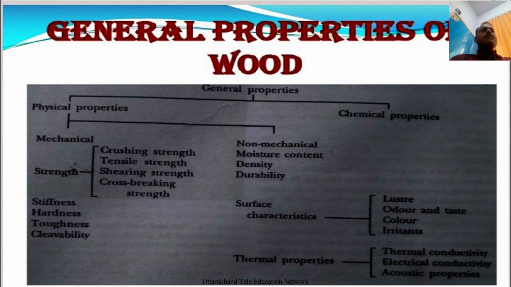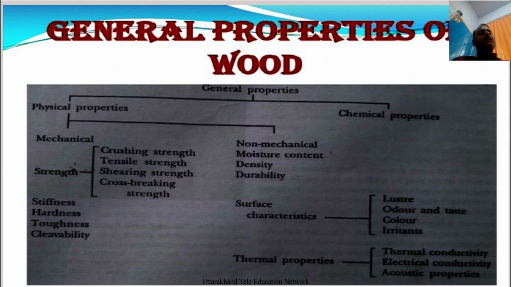Along with it, since wood is utilized for some commercial values, surface characteristics of wood are also very important, like luster, odor, color. All these things must be considered for qualifying wood to be utilized for some specific purpose.